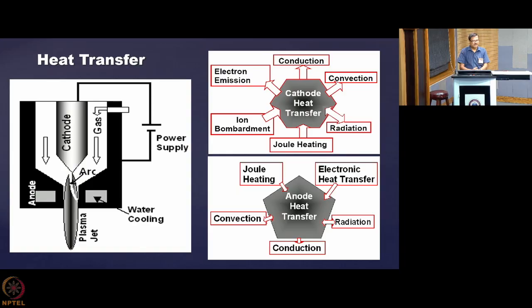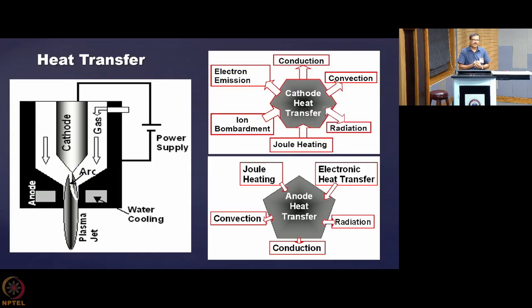Now, the question is whether the whole power is getting into the plasma or whether some part of it is getting lost. That is very important to know because that will determine the efficiency. So, the power going into the plasma divided by the electrical power input, multiplied by 100, will give you the efficiency of the plasma device.